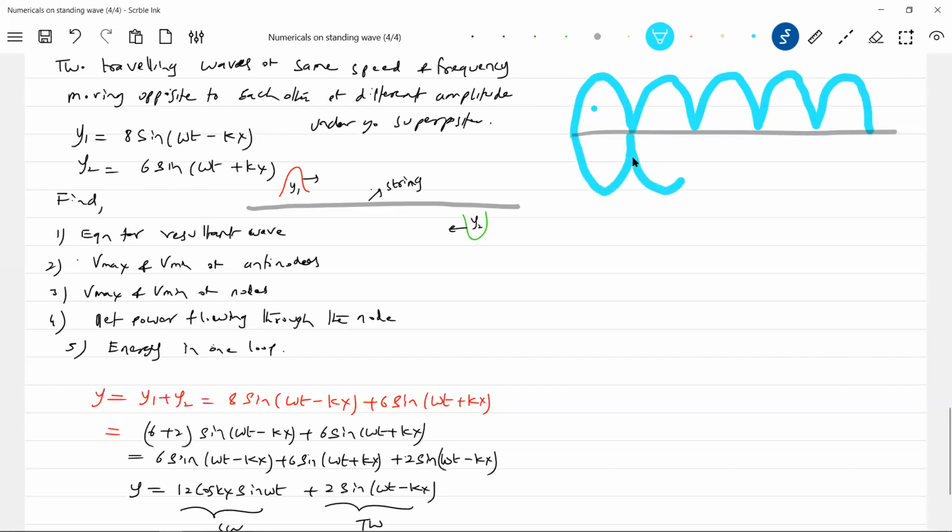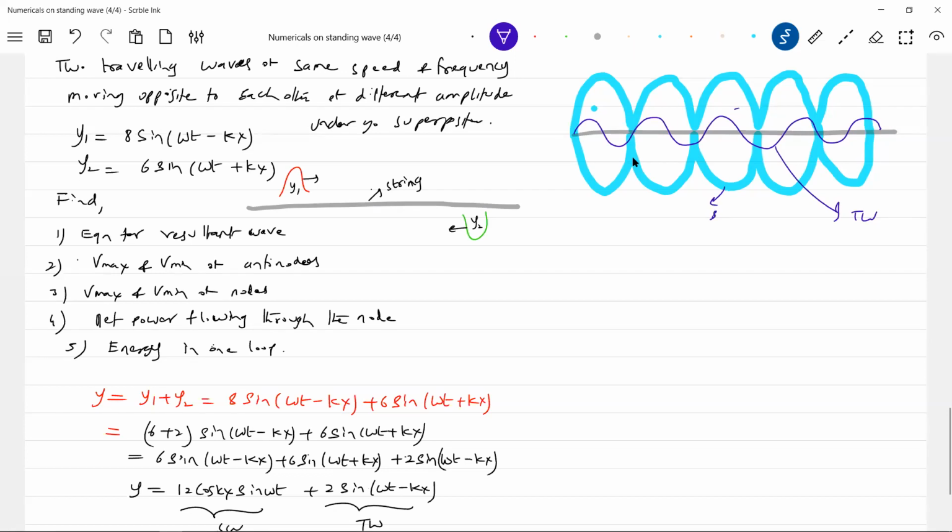This is only a diagrammatic representation. Next, we have here a traveling wave. Under the action of these two, the string will undergo superposition.